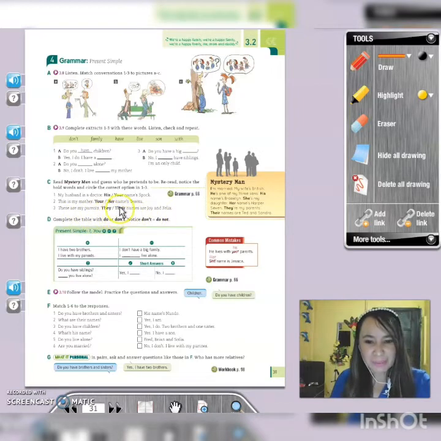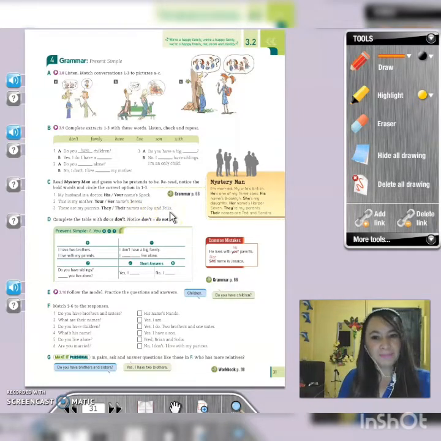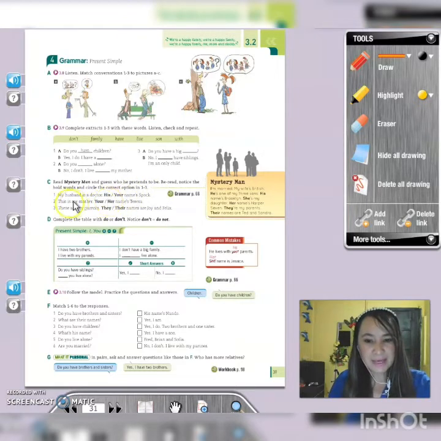En cambio, si utilizamos their, these are my parents, their names are Joy and Felix, sus nombres son Joy and Felix. Okay? In the previous presentation, you notice the use of possessive adjectives. ¿Recuerdan? En la presentación anterior les explicaba cómo vamos a utilizar possessive adjectives.